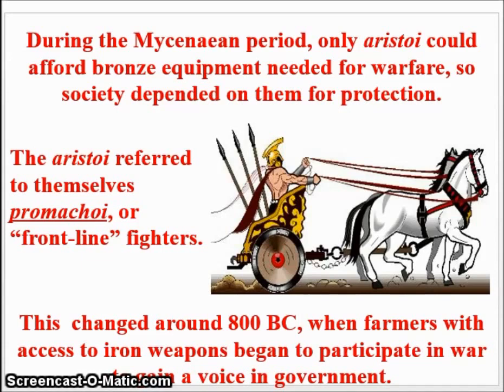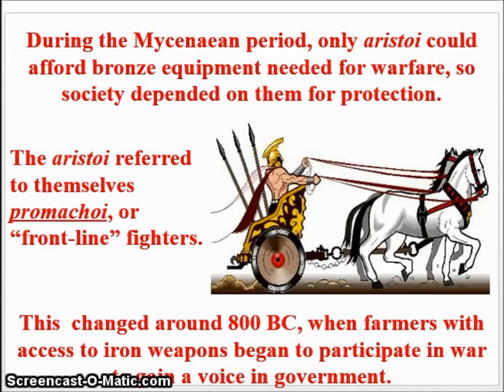They have not shed blood on behalf of the society.